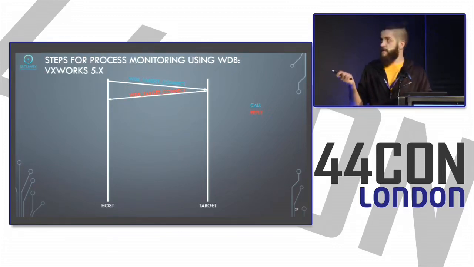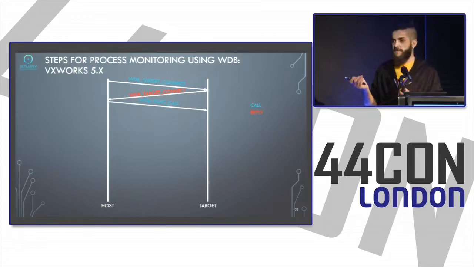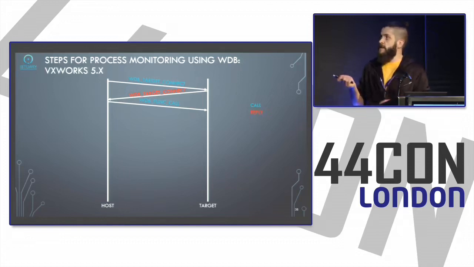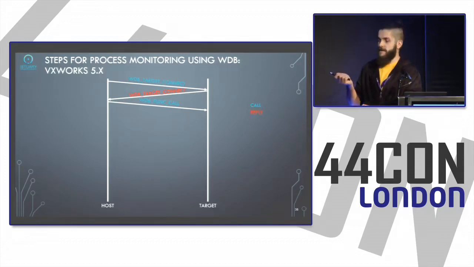Then there is a slight difference with conventional debugging, I would say, because on VxWorks 5 and 6 you have to set the task you want to debug to be breakable, because by default tasks are non-breakable. If you try to put a breakpoint on it, you will raise an exception on VxWorks 5. For VxWorks 6, nothing happens.